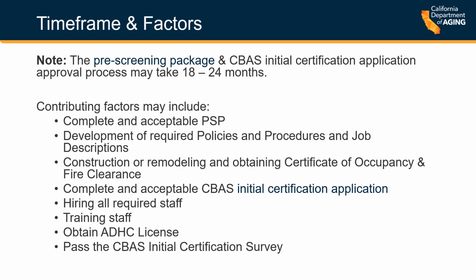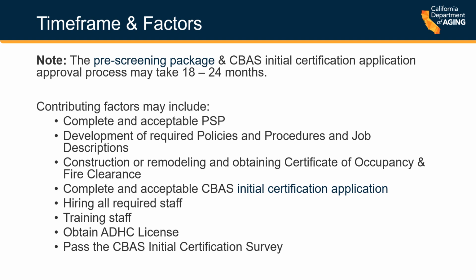Contributing factors may include a complete and acceptable PSP, development of required policies and procedures and job descriptions, construction and/or remodeling and obtaining the final certificate of occupancy and fire clearance, complete and acceptable CBAS initial certification application, all the required staff, training staff, obtaining the ADHC license from CDPH, and passing the CBAS initial certification survey.